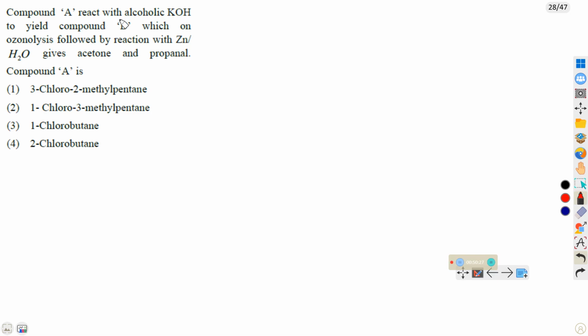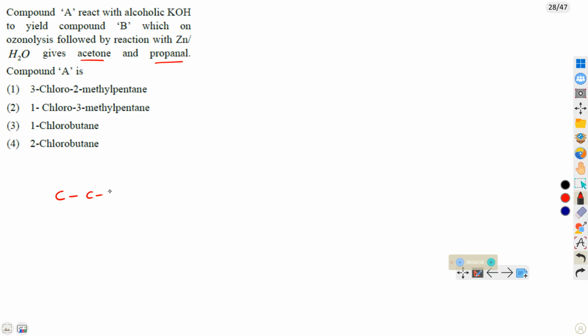Compound A reacts with alcoholic KOH to yield compound B, which on ozonolysis followed by reaction with Zn/H2O, that means reductive ozonolysis, gives acetone and propanal. Identify compound A. Okay, trial and error. Take the first compound. What is given?